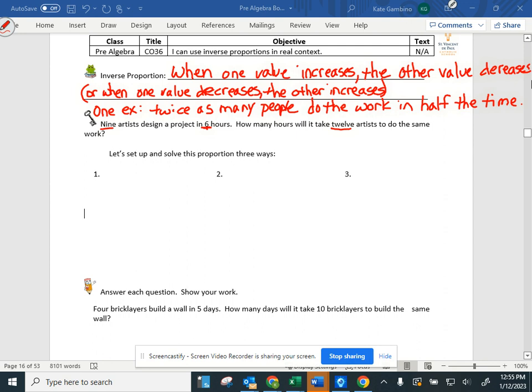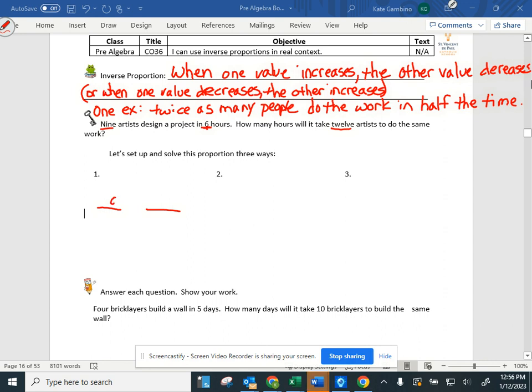Okay? So we're going to set up our proportions. It's a proportion, so we're going to set it up the same way that we've set up other proportions using that fraction bar. But we're going to do something a little bit different. We're going to keep the units to match vertically.